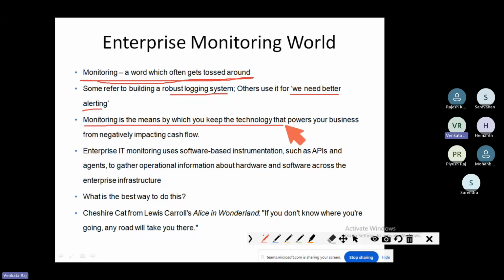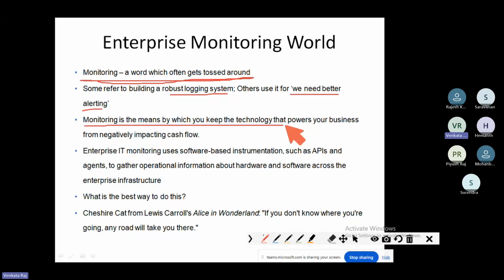Any business guys will always want their customers to grow. They will always want profits to happen. But if any application doesn't cater to its users properly, or it is not available, it is down, or it is not having good performance, the user experience is not good, then the customers are not going to stay with that application.